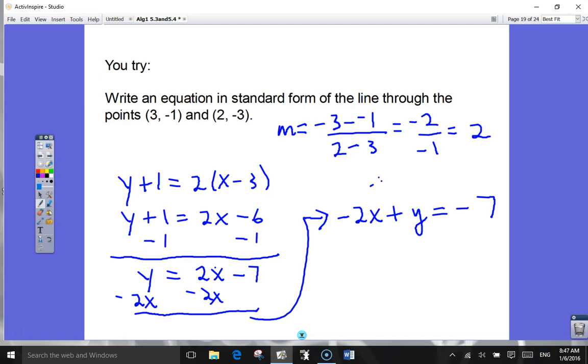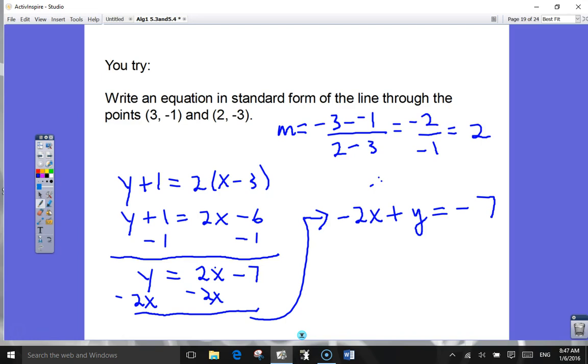In the end, there's only one standard form. Everybody should get the same thing, whether you use (3, -1) or (2, -3). Well, there could be one difference. Did anybody get 2x minus y equals 7? It could be that all the signs are flipped, and that's okay too.